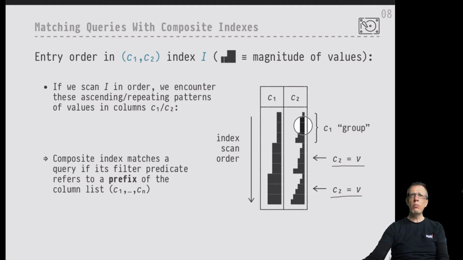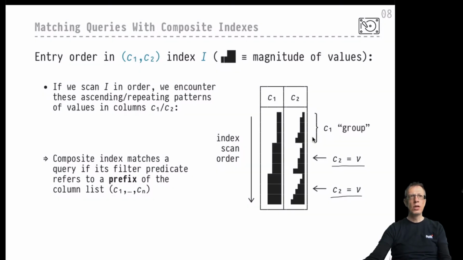There may be only a single row that has a C2 value of V. So using this as an index condition on its own will make us search the entire index for entries of rows with C2 value equal to V. We would have to scan the entire sequence set to find these values, and as such, the index would be worthless.